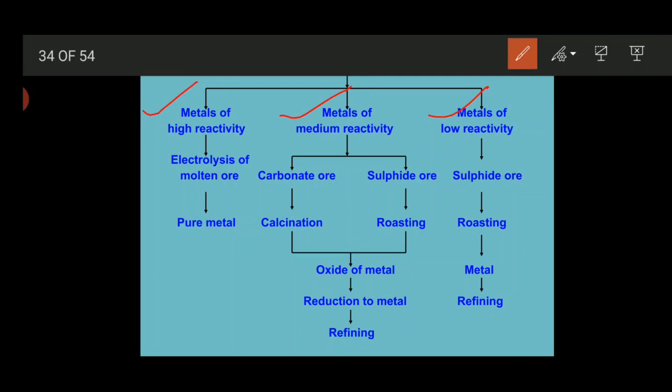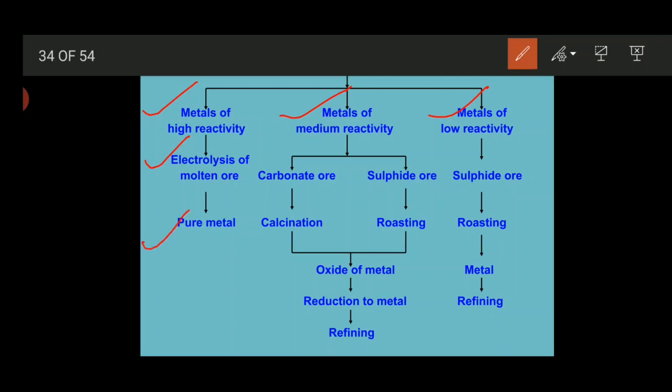Metals of high reactivity are those which are highly reactive, like potassium, sodium, calcium. They always undergo the electrolysis process. That means we extract those metals from metallic ores with the help of the electrolysis process, and then we are able to get a pure metal.